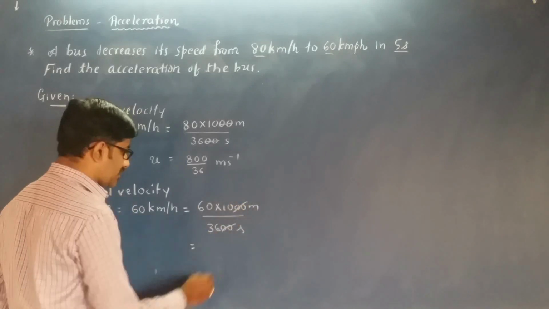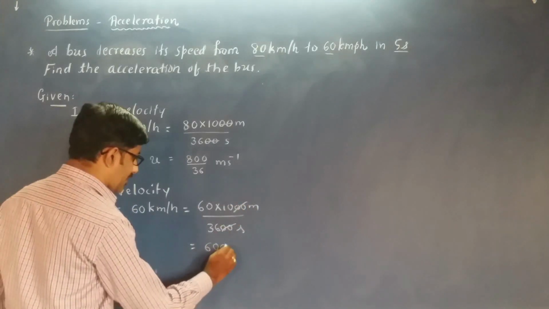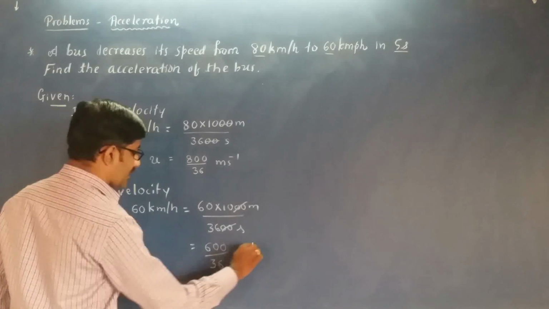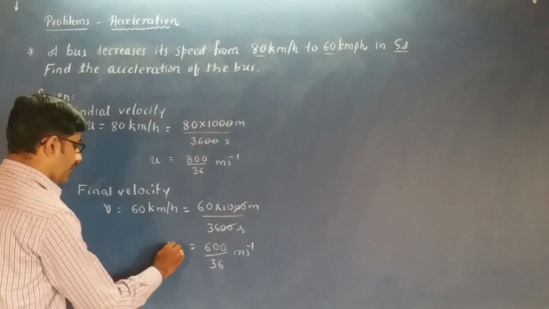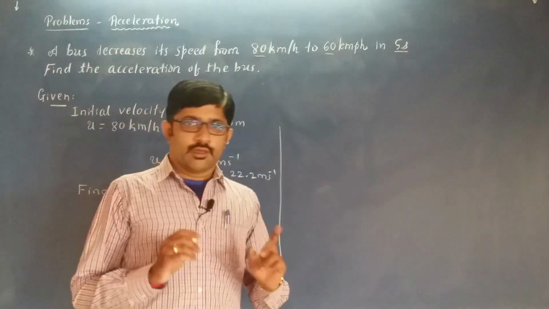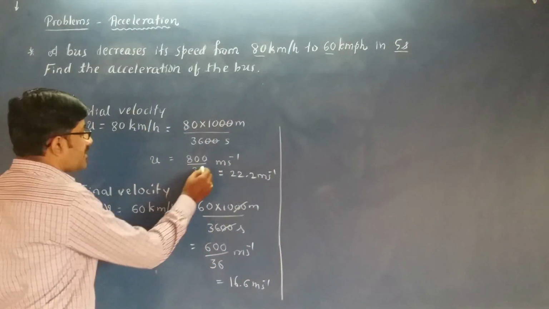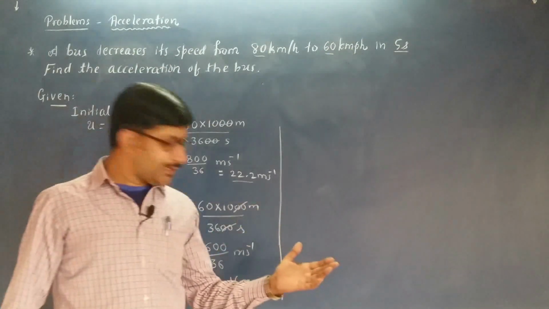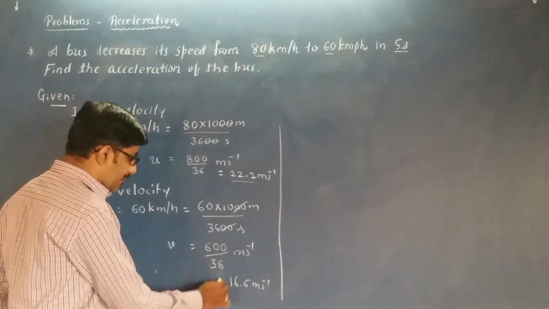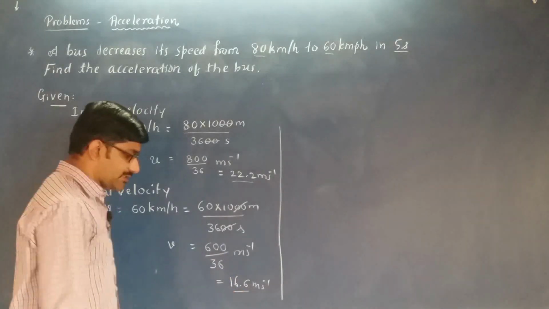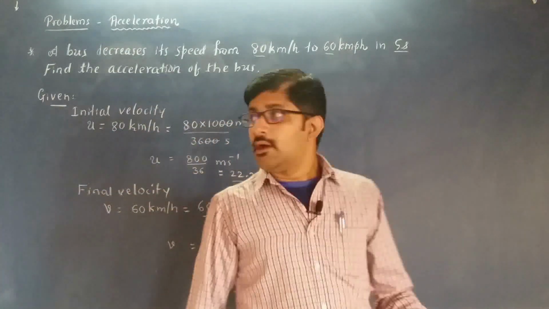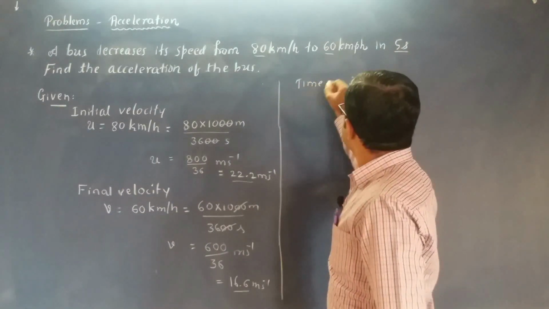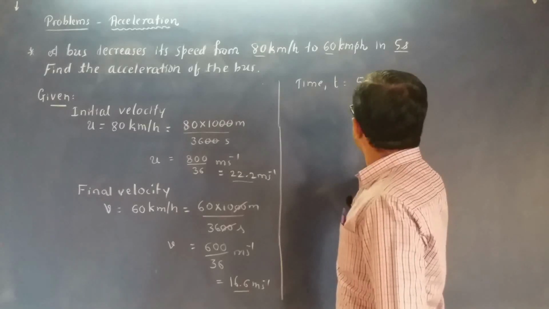Again these zeros cancel each other: 600 divided by 36 meter per second. So this will be the final velocity of the bus. If you solve 800 by 36, you will get 22.2 meter per second. On the other hand, 600 by 36 is 16.6 meter per second. Now time is given, t equal to 5 seconds.